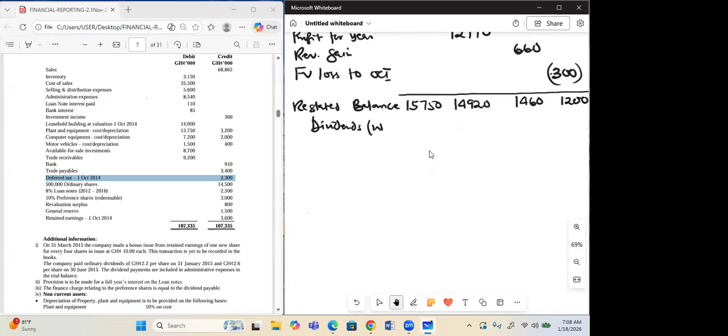So the dividend was in working number what? Working number 2. And it was 2,725. So when we take it out of the retained earnings, our final balances will be what? 15,750 for share capital. And the difference here, 12,195.